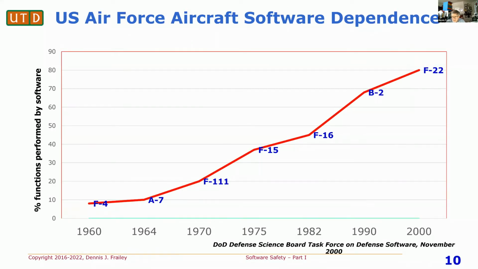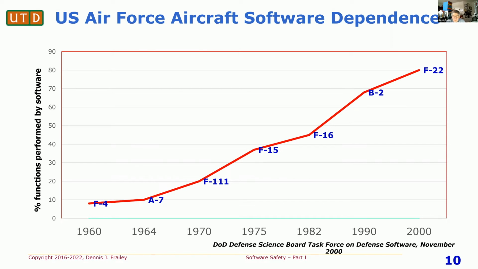This is a graph I pulled out a number of years ago, but it's very interesting. It talks about the percentage of the functions performed by software in United States Air Force airplanes. And you'll notice that by the year 2000, it was 80%. And it's probably more today.